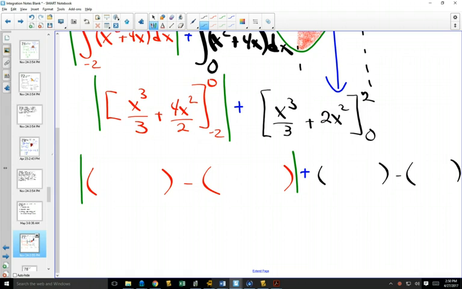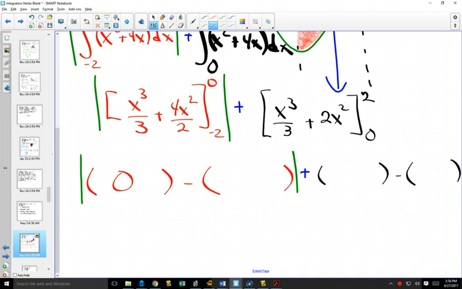You okay with those bracket ideas there? And I got the absolute value bars around it. It's going to get a little bit long here, and then we're going to simplify things. So plugging in 0 first, we're going to get 0.